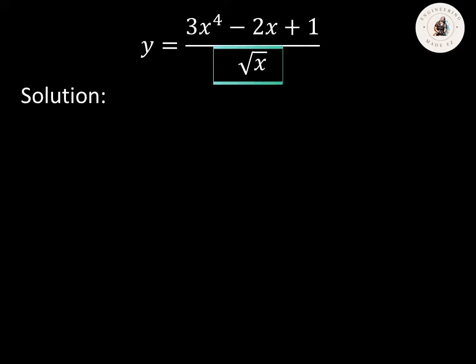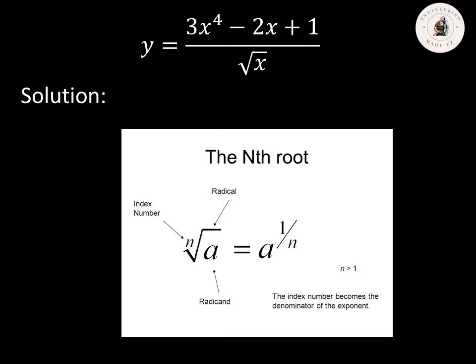To transform square root of x into an exponent form, we need to recall some rules of radicals in algebra. If we have the nth root of a and we want to transform that into an exponent form, the index number becomes the denominator of the exponent. In this case, the index is n.